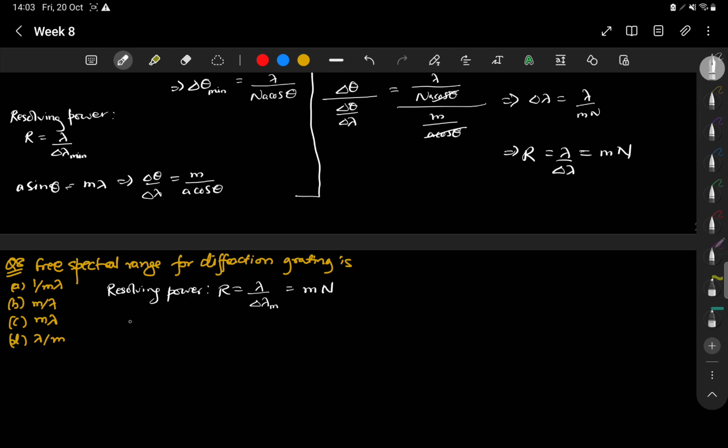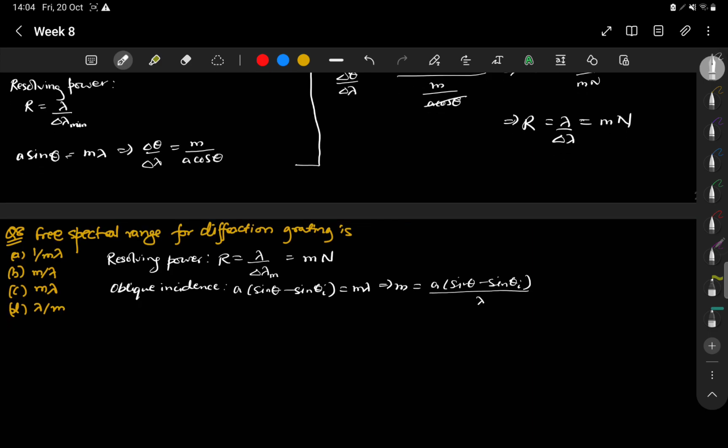So we had, from oblique incidence, the following. So combining these gives me the following expression for R.